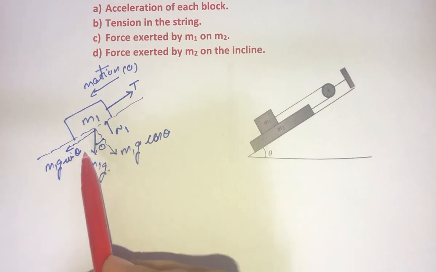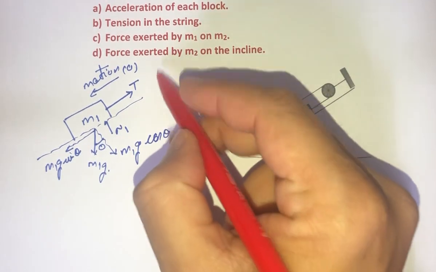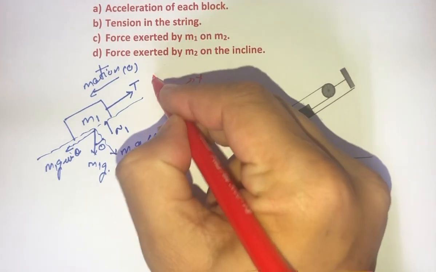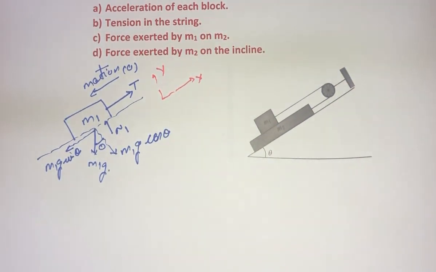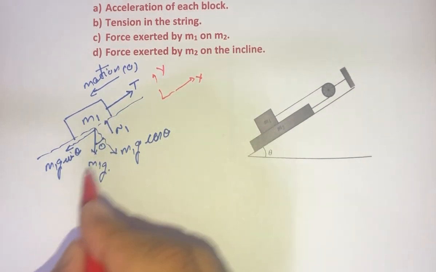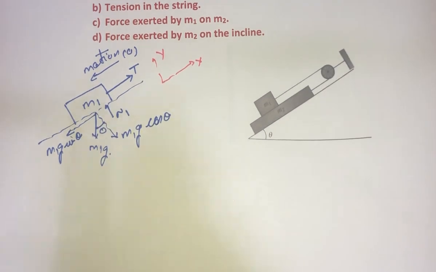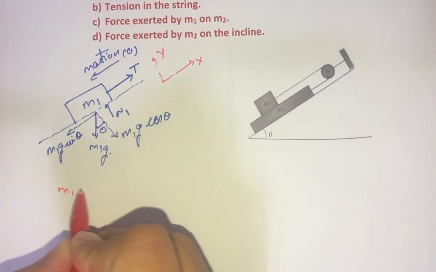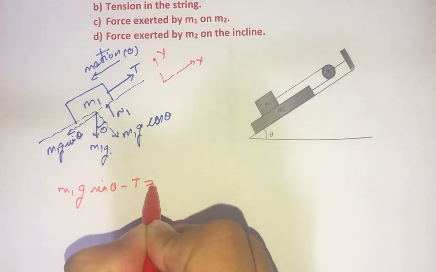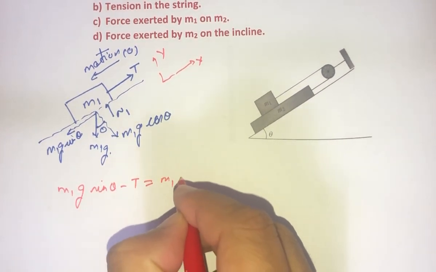We take this way as the x-axis, and this is our y-axis. Let us divide into various components. We have acceleration a in the downward direction, so we can say that m1g sin theta minus T will be equal to m1a.